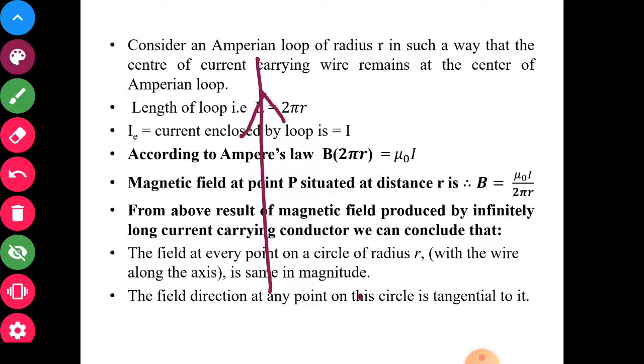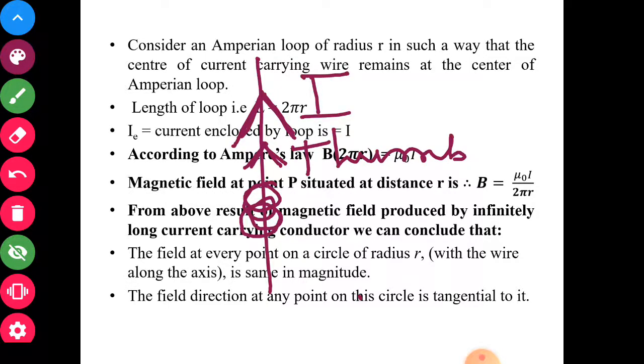Hold this conductor in your hand in such a way that the thumb remains in the direction of electric current. So this is the direction of current, so the thumb will be in this direction and the fingers are curled around it.